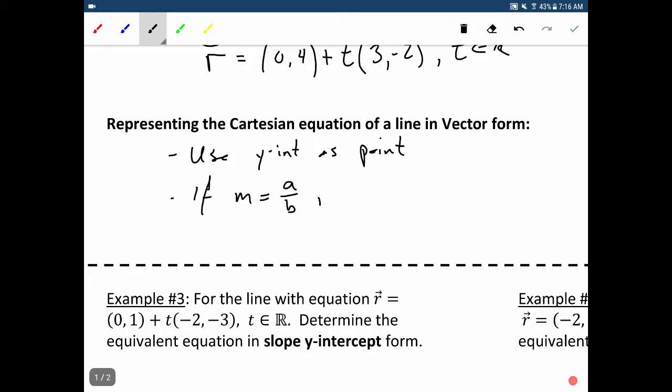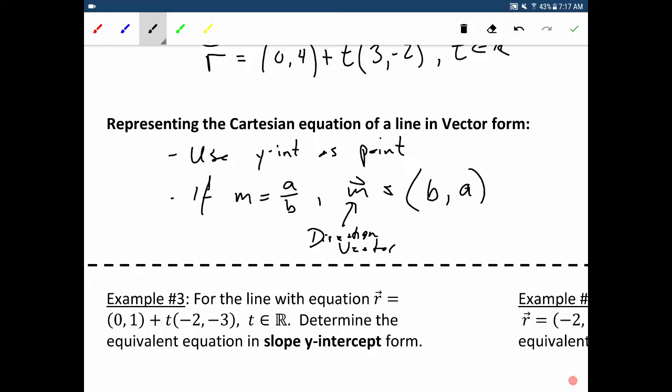Then our direction vector, often when you're converting you'll use m as a vector, which I'll write here as the direction vector, is just going to be, well, that was rise over run, so the run is the x and the rise is the y.